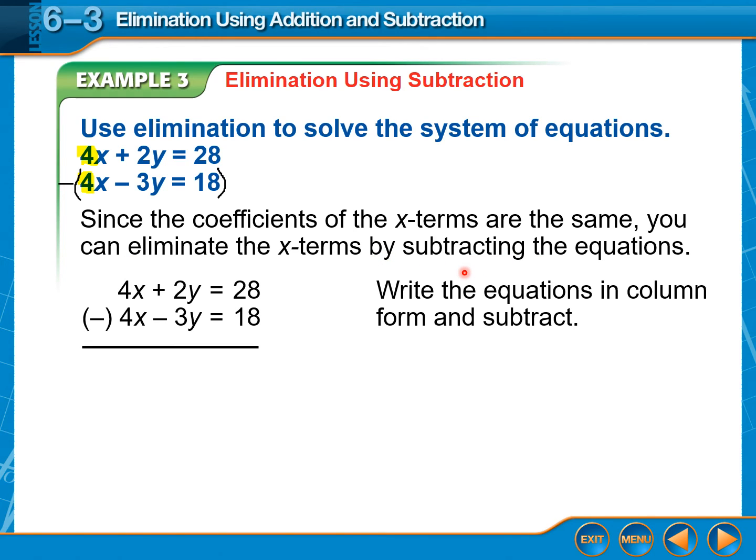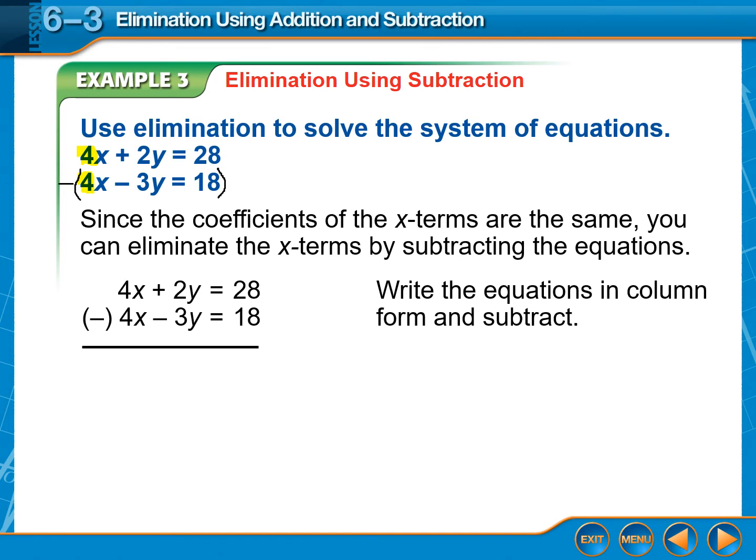The first step, just as we did with addition, is to write them in columns, lining up the x and y terms. But now instead of adding, we're going to be doing subtraction. One thing to keep in mind when you do subtraction, you've got to be careful. When we subtract, all of the terms from the equation that we're subtracting become the opposite.